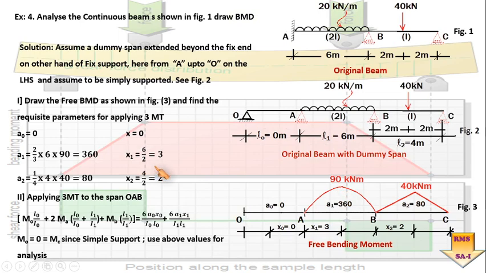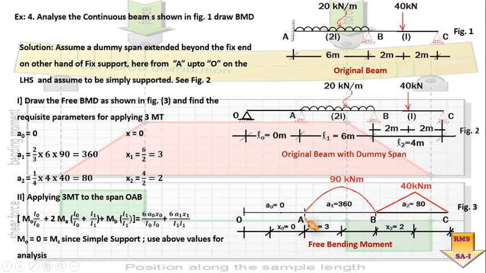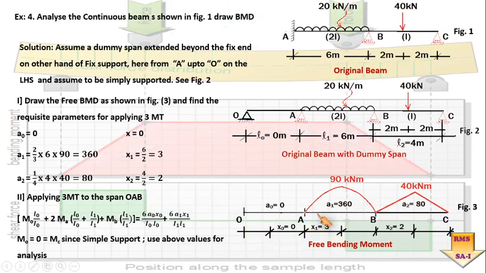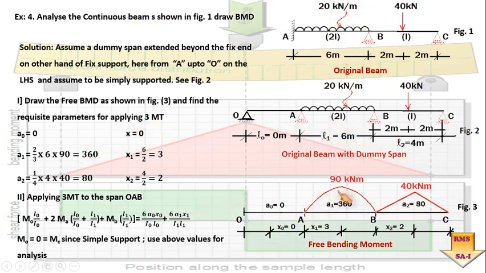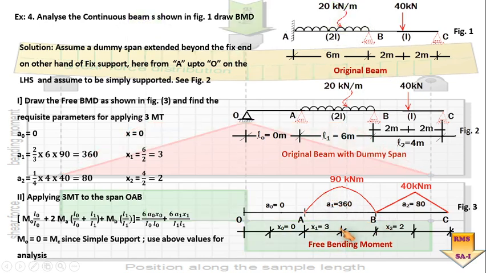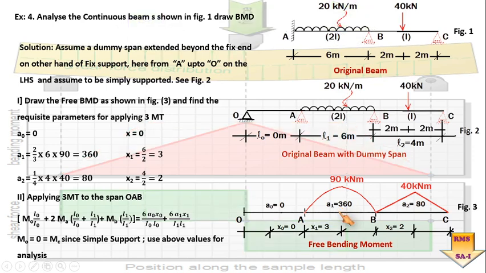As far as x1 is concerned, it is to be measured from point A, and that is coming out to be equal to 3. X1 is equal to 3. Why is it equal to 3? Because this being a symmetrical figure, the x bar of this, or x1 distance of this first area A1, is going to act at the center.